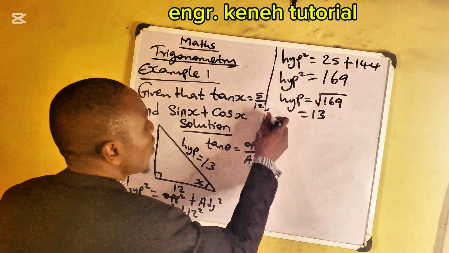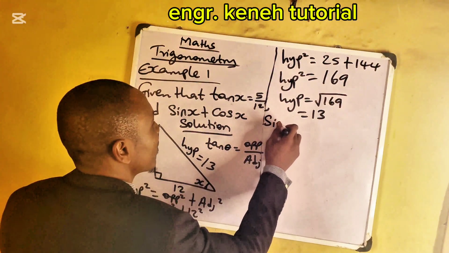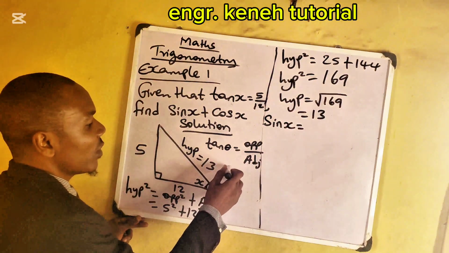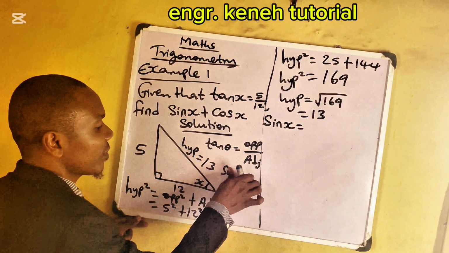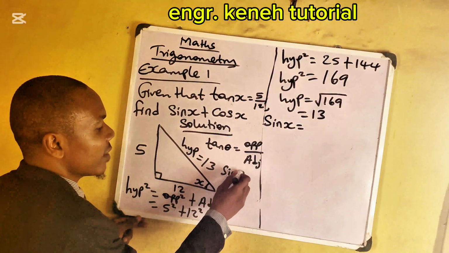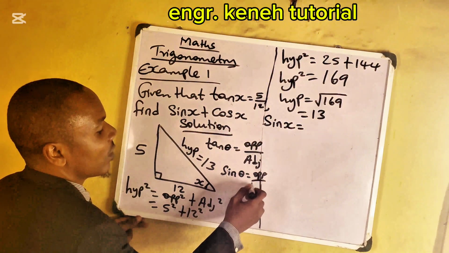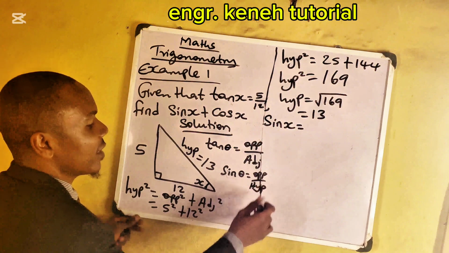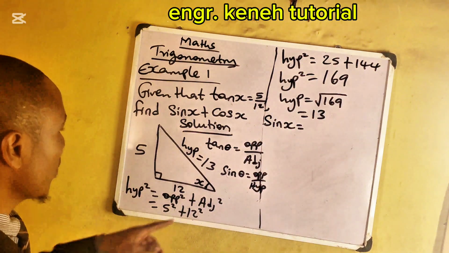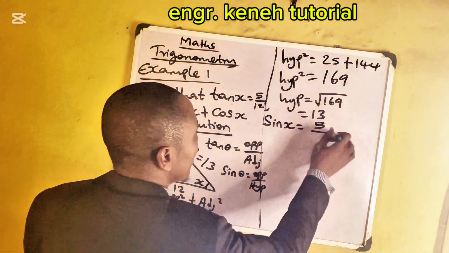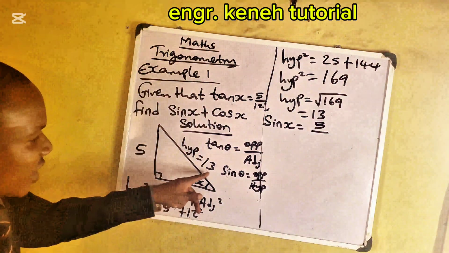cos x. So here we have sin x is equal to, sin means, look at it here, sin theta is equal to opposite over hypotenuse. Can you see it? All right, so opposite of this is 5. That means sin is 5, while hypotenuse is 13.